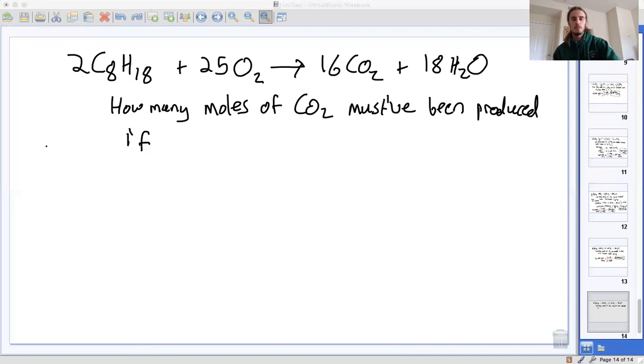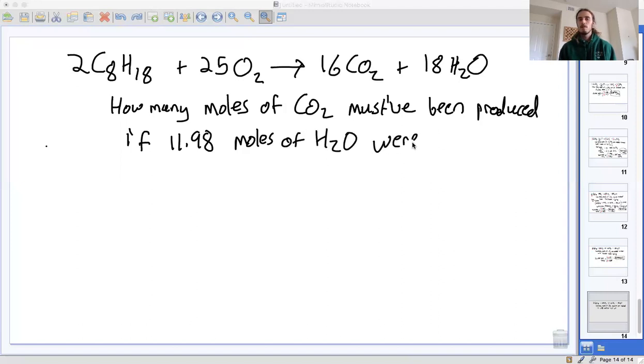I've got a terrible short-term memory. 11.98 moles of water were produced.